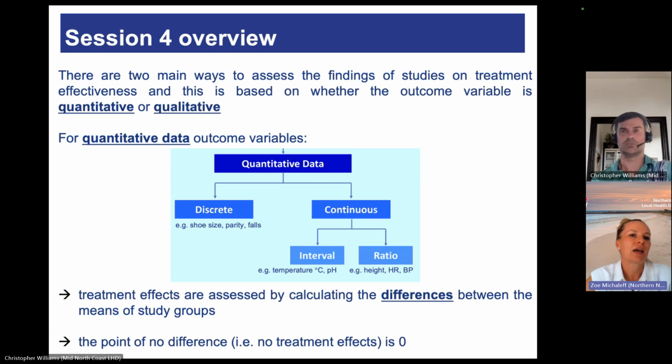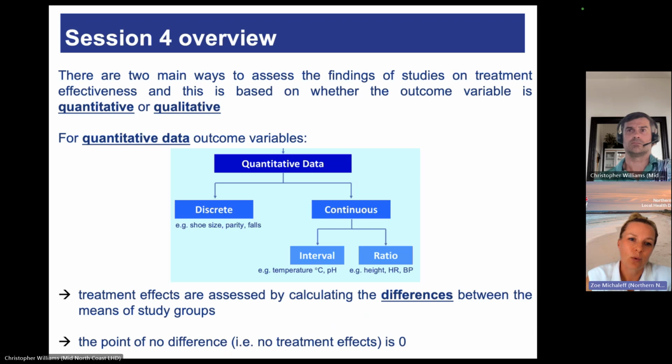So if you haven't already had that aha moment, interpreting the findings of research, particularly randomised controlled trials, can be quite daunting. But once you realise there are actually only 2 ways to interpret study findings of treatment effectiveness, it all becomes much clearer. So how you interpret findings begins with an understanding of the type of data the authors have used and collected.